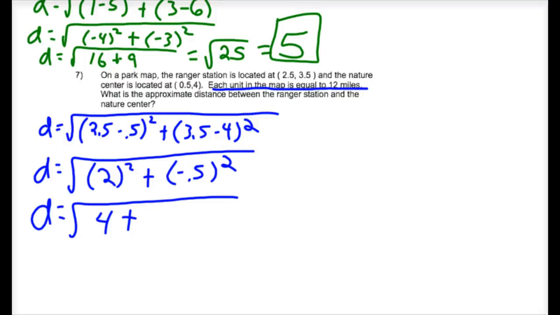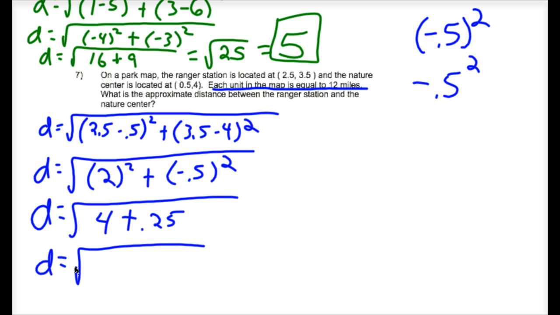When you type it in your calculator, you've got to put parentheses around it, because if you don't, it just squares the 0.5. It doesn't square the negative sign. Positive, and that's what it is, 0.25. Keep that on your screen, Katie, and hit plus 4, and square root it.